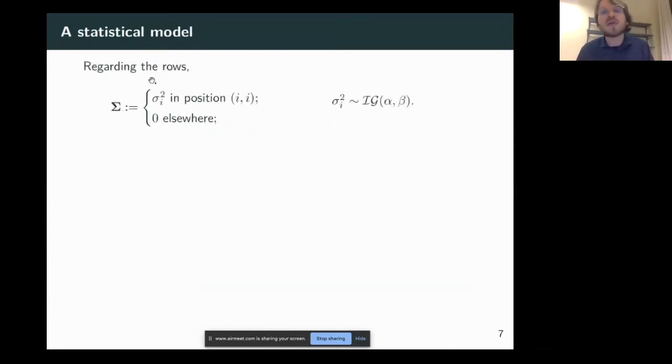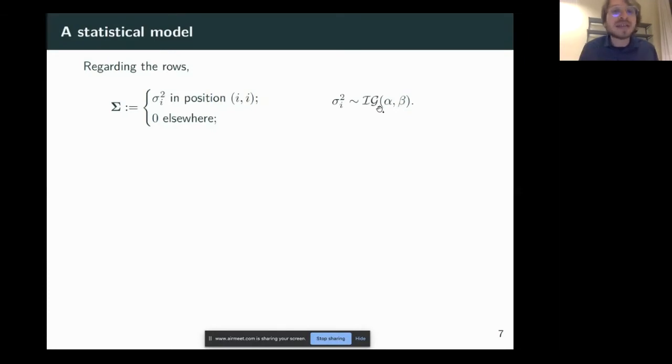Regarding the rows, so the correlation of the genes, we assume that we have a diagonal matrix. But because we want to include the correlation among the genes, we specify a kind of mixed effect model by assuming that each gene variance is distributed as an inverse Gaussian.